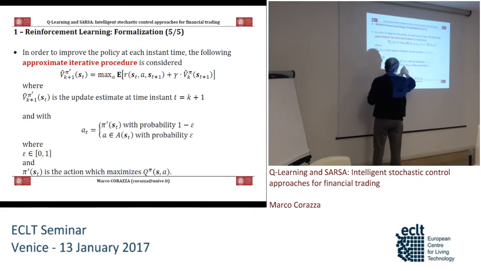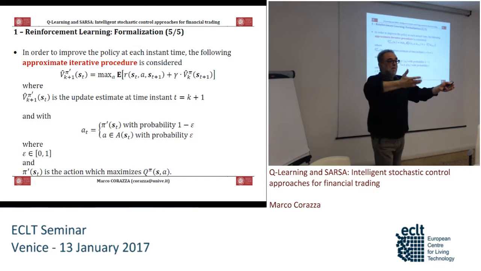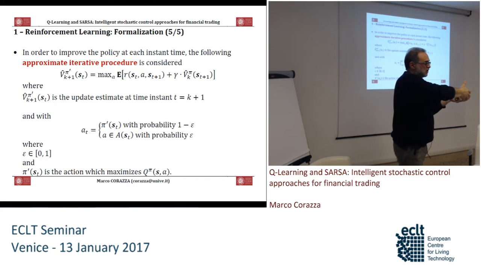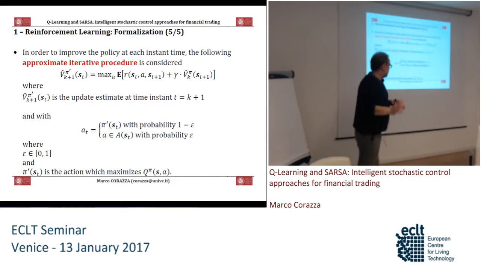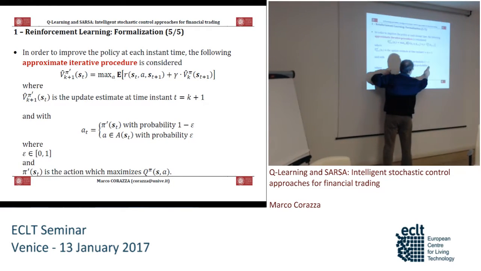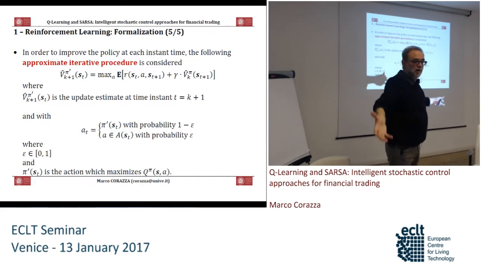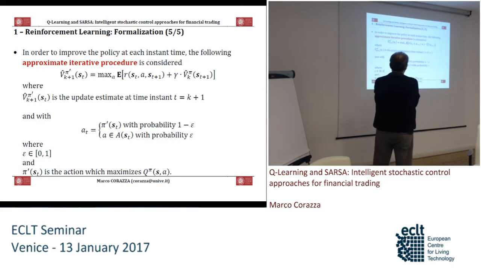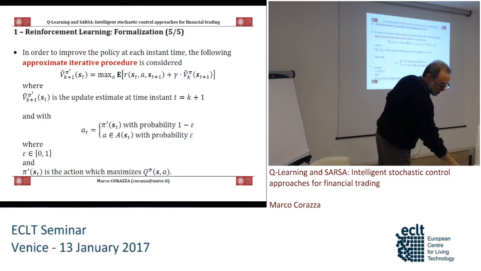In this way, we give the system the possibility to perform exploration in the solution space. More or less like in the case of genetic algorithms, in which there is exploitation, and the maximization of this part is equivalent to the exploitation. And in this case, in which in a few percent of the cases we randomly generate the action, we give the system the possibility to perform exploration in the other part of the solution space. So also in this approach we have the two parts, exploration and exploitation.